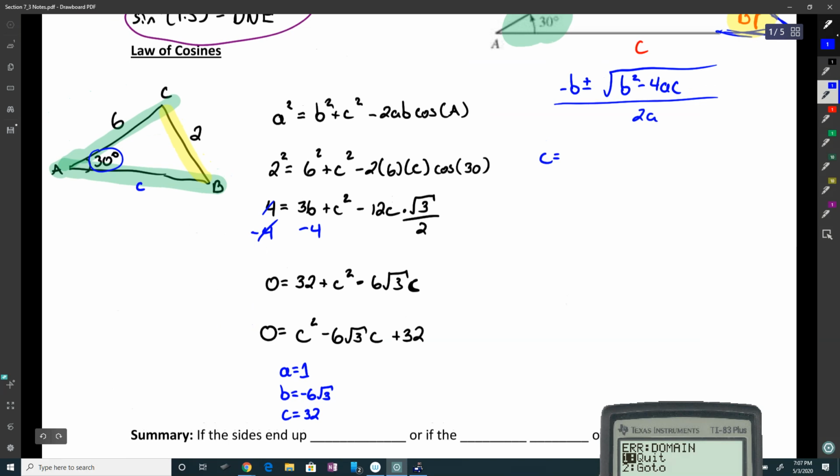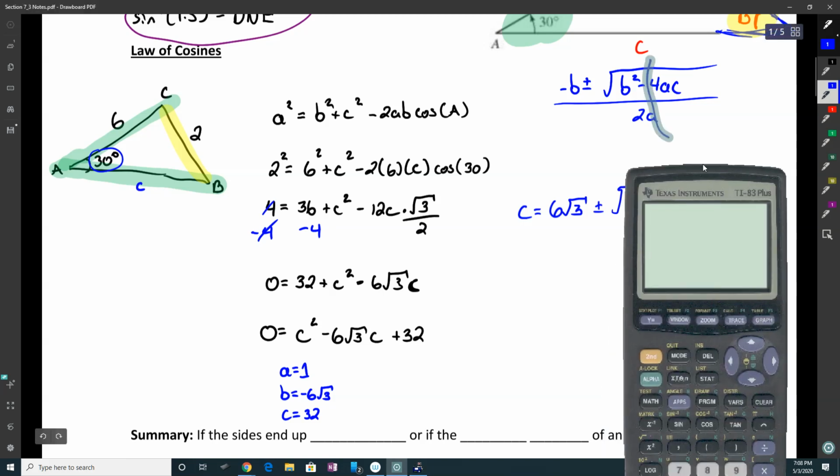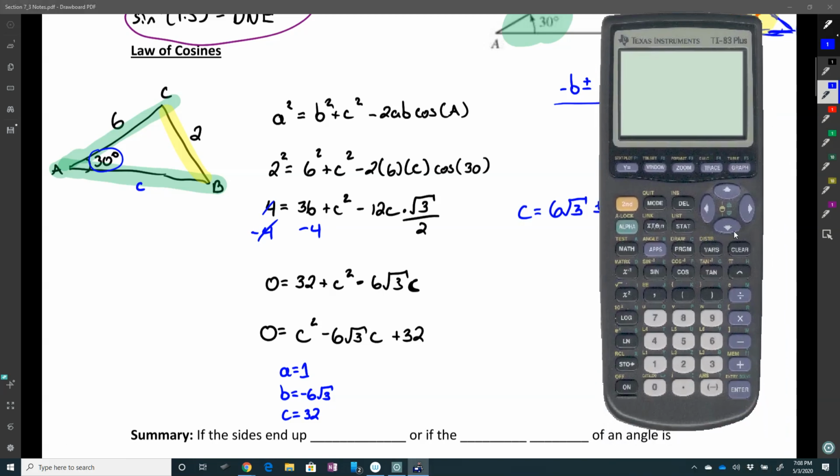And so I plug it into my equation. Okay, so c is equal to negative b, so positive 6 square root of 3, plus or minus the square root of b squared, and you can get your calculator if you want. So b squared, if you do use your calculator though, be sure that when you're squaring something, you put it in parentheses.